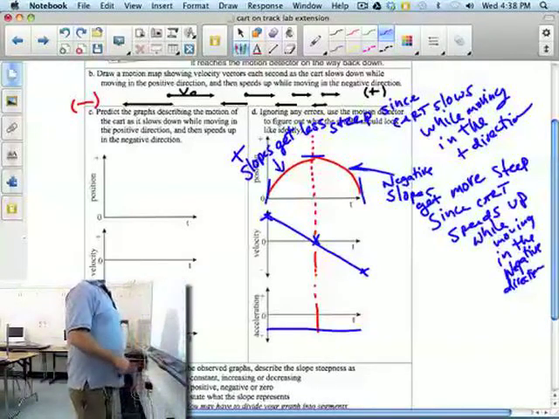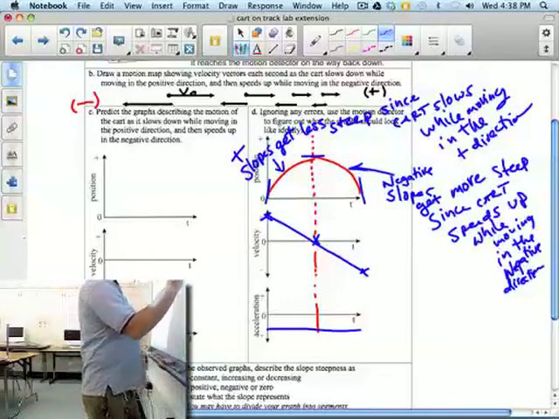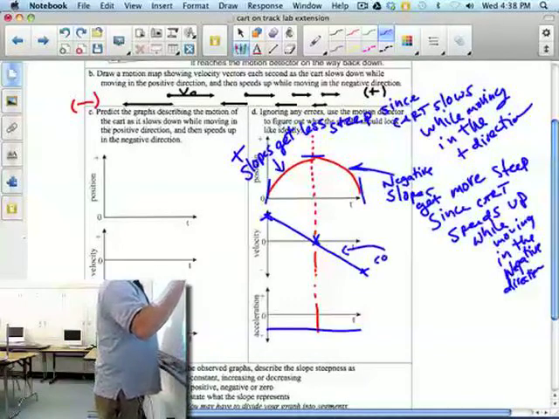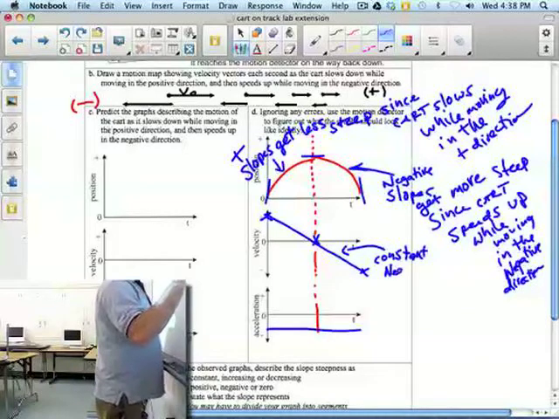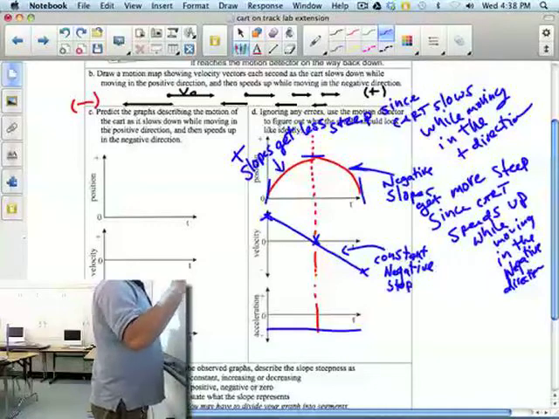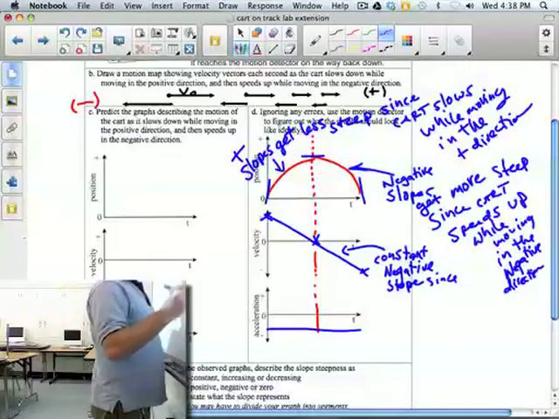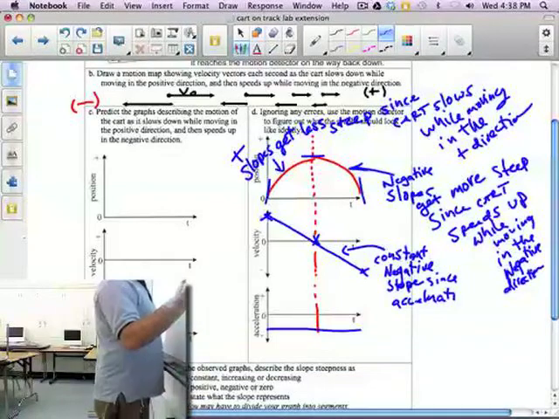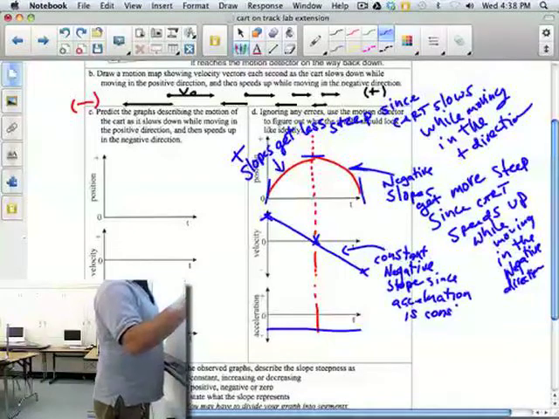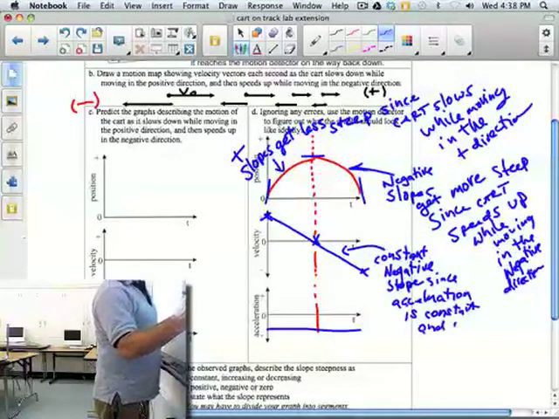All right, and this is a constant negative slope. Since acceleration is constant and negative.